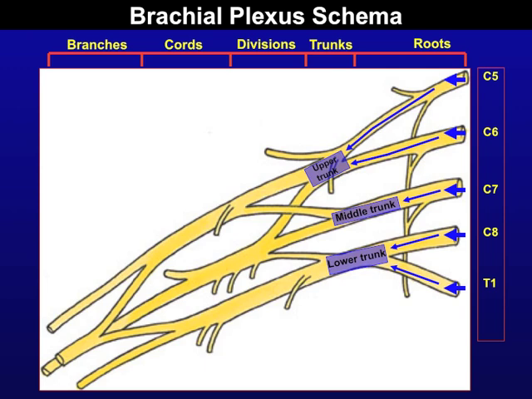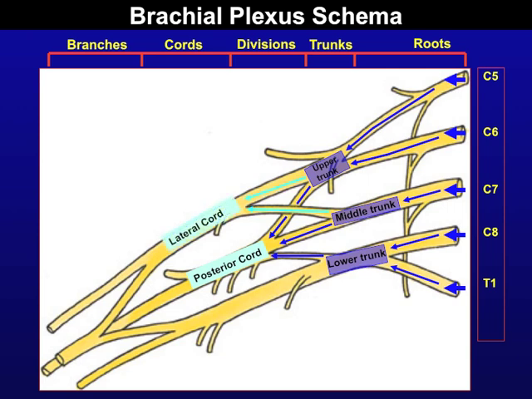The next event that takes place is that all trunks will give rise to anterior and posterior divisions. Shown in the image are the three posterior divisions from the three trunks that ultimately come together to form the posterior cord.